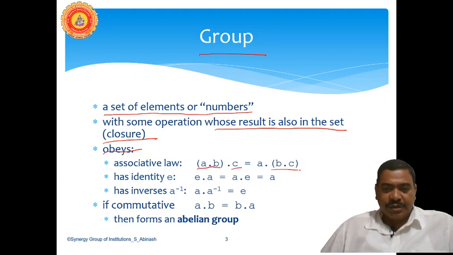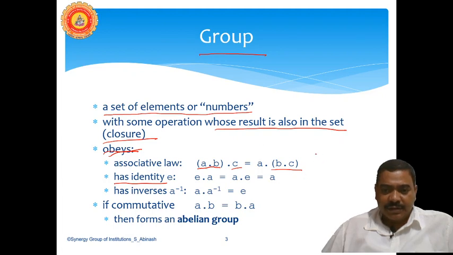This is the associative law. It must also have an identity E, that is E dot A is equal to A dot E, which is equal to A.